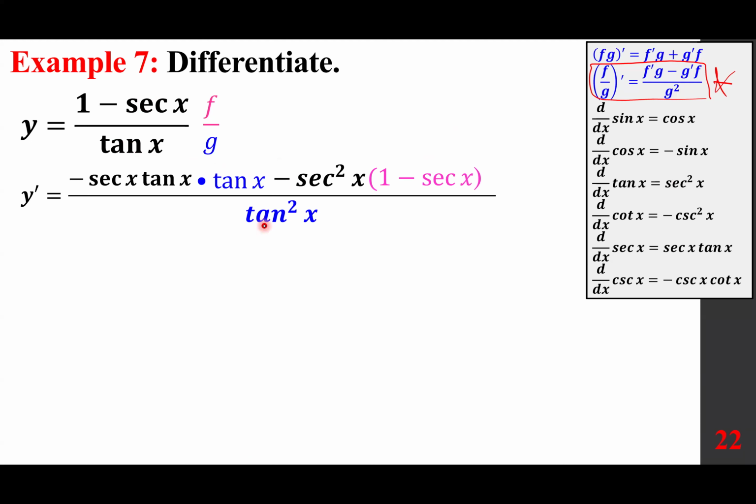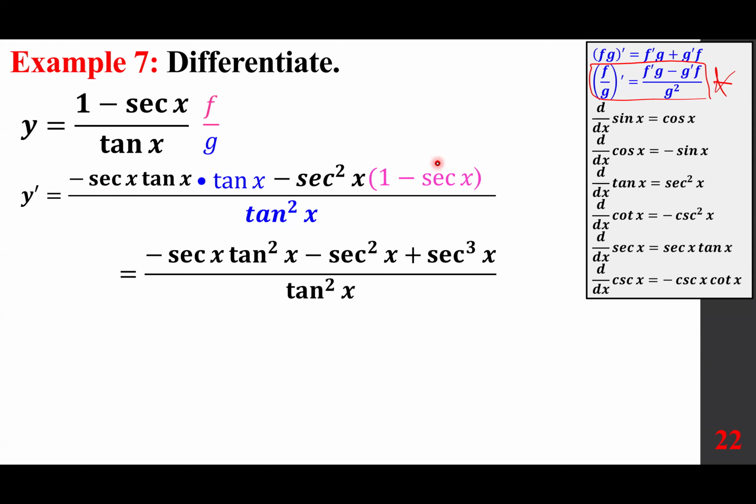We are going to simplify the numerator. Minus secant x tan squared x minus secant squared x, minus and minus plus secant cubed x, the denominator is not changing.